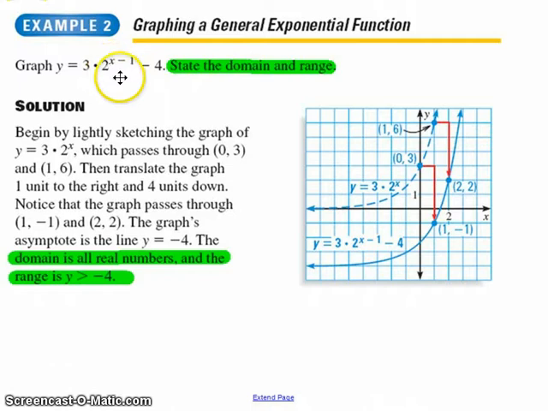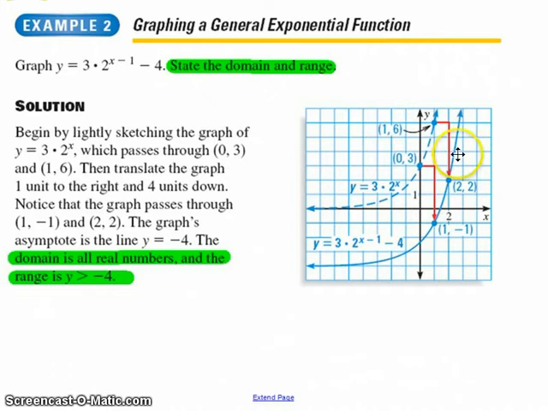I could put in 0, I could put in a square root, I could put in pi, anything I want can go in for x. But my y results, well, this runway that I've talked about here becomes a limit. You're really never going to go below -4. So the range is that y has to be above -4.